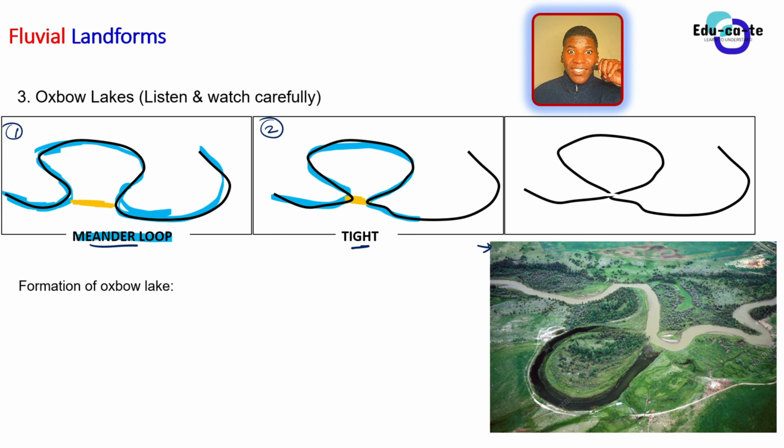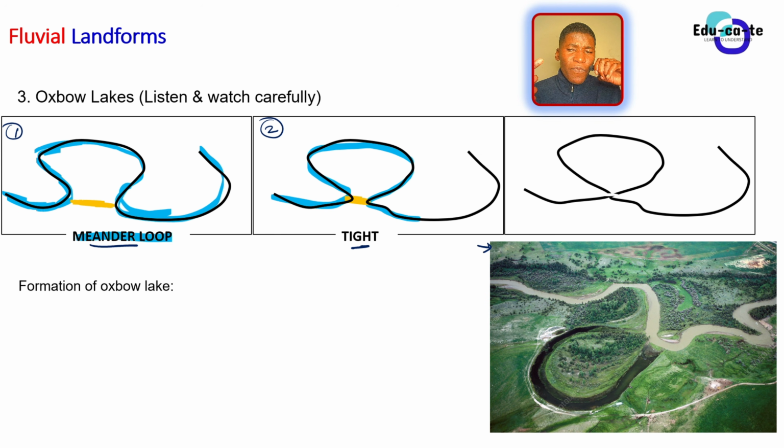What is the difference? There is less space in image number 2. It's because now the meander has narrowed. It now becomes tighter, or it is narrowed.